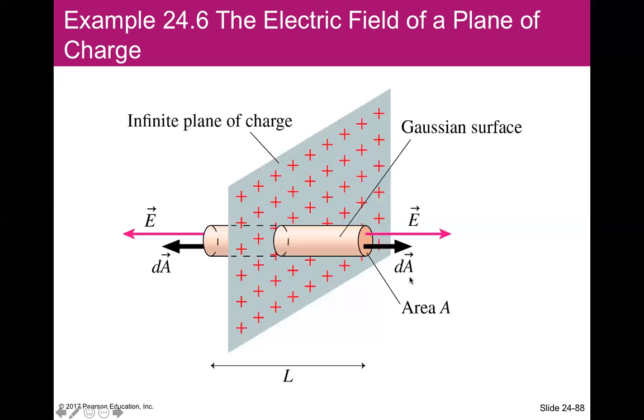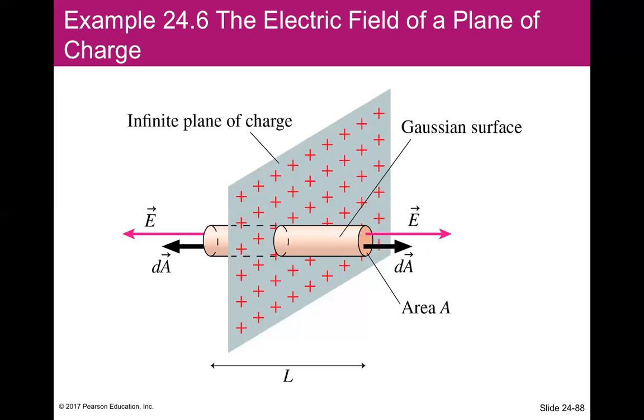Cosine theta equals 1, since theta equals 0. And then you can do the integral to calculate the flux of the electric field. It becomes very simple. It's just the surface area A times E plus the surface area A times E.